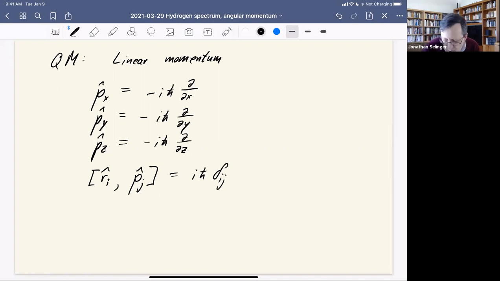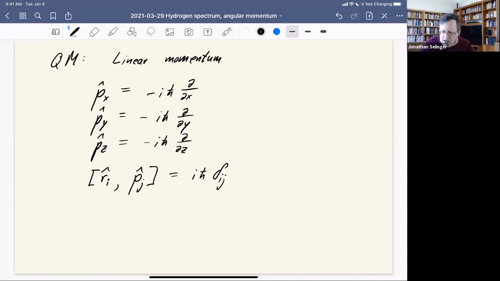So if you have the x component of position and the x component of momentum, you have a non-zero commutator. But if you have the x component of position and the y component of momentum, the commutator is zero. Those operators commute, it doesn't matter which one goes first.